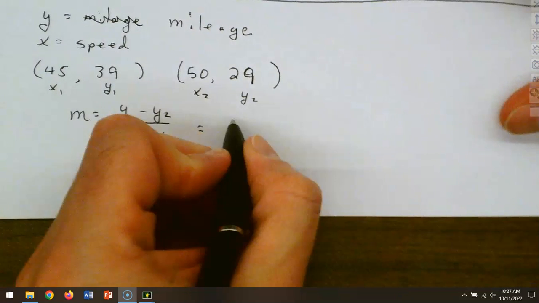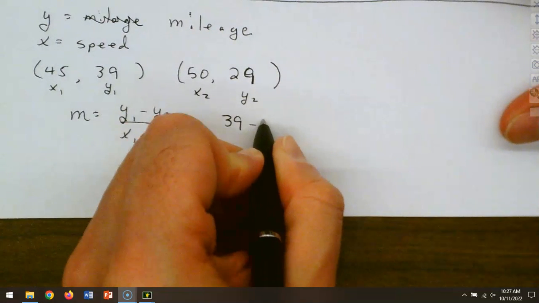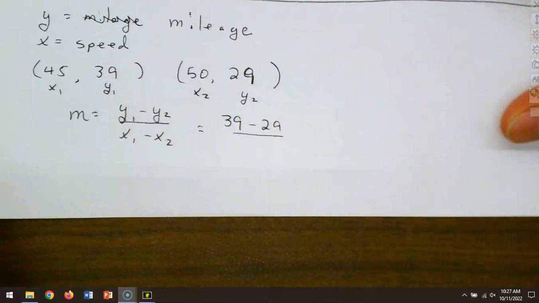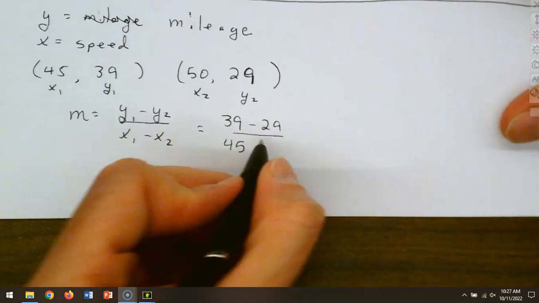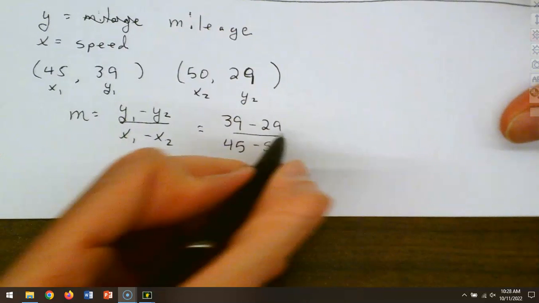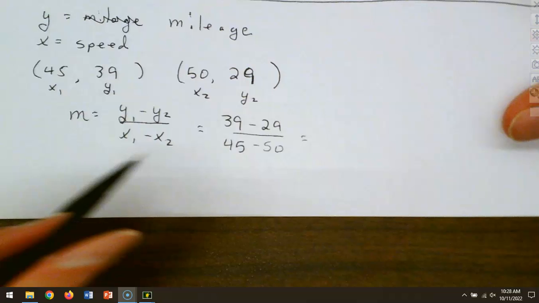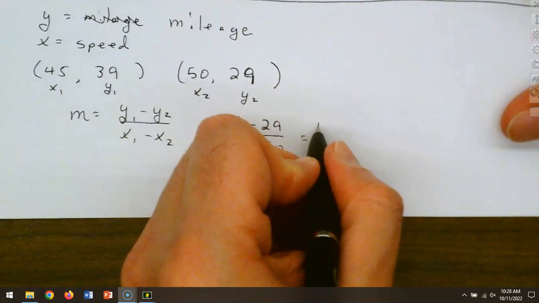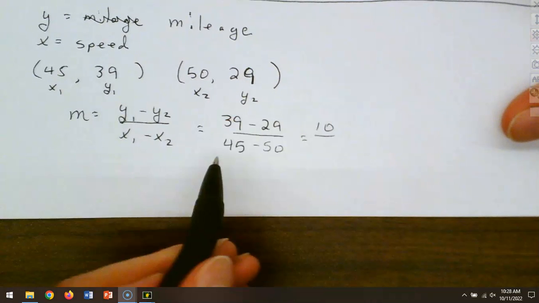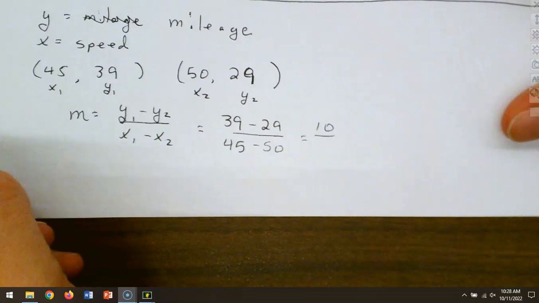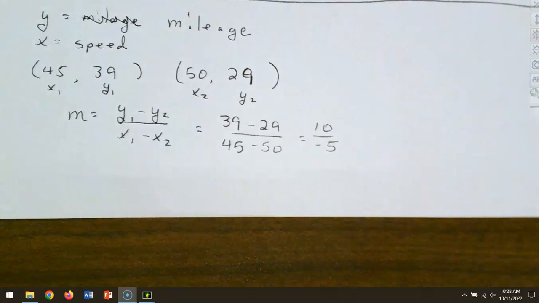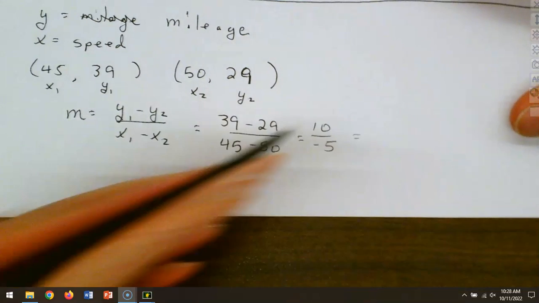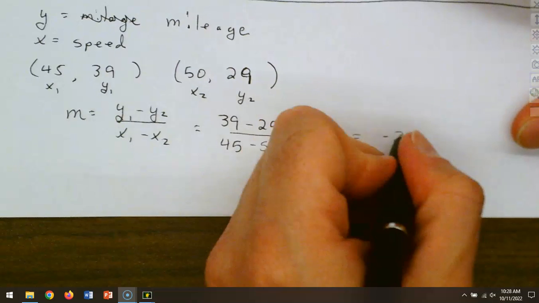That's going to be 39 minus 29 over 45 minus 50. 39 minus 29, that's a positive 10. 45 minus 50, that's a minus 5. And what does that come out to give you? That gives you a minus 2.